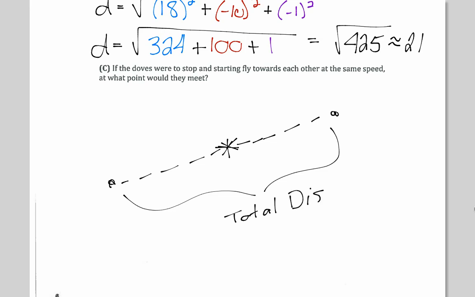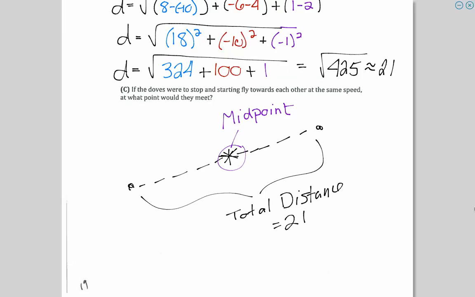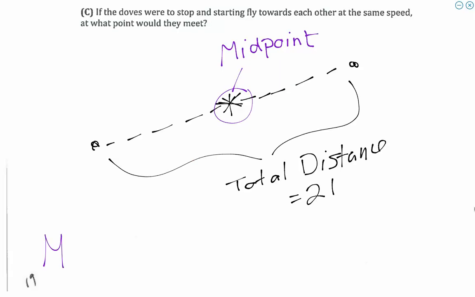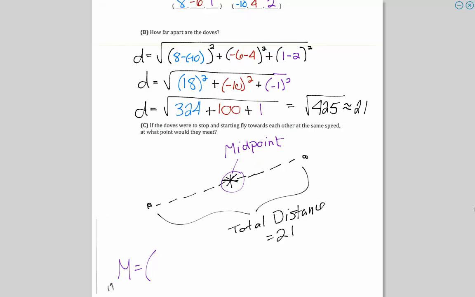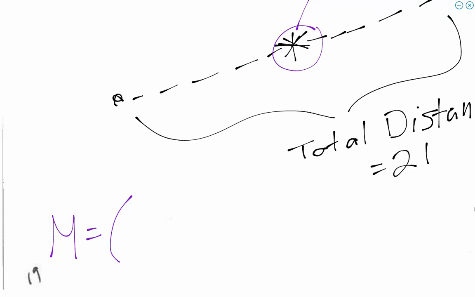So this is their total distance, which is 21. This is their midpoint. So what is that location? So midpoint equals, we're going to add 8 and negative 10, divided by 2.